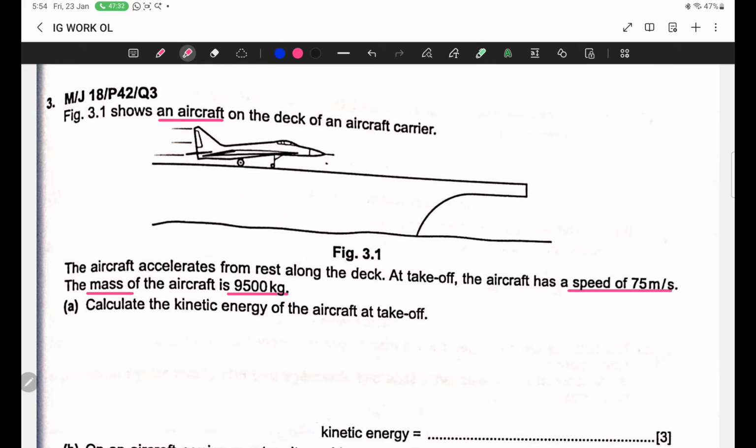The question is: calculate kinetic energy. You know kinetic energy is half m v square. So the mass of the aircraft is 9500, the speed of the aircraft is 75. What is the answer?